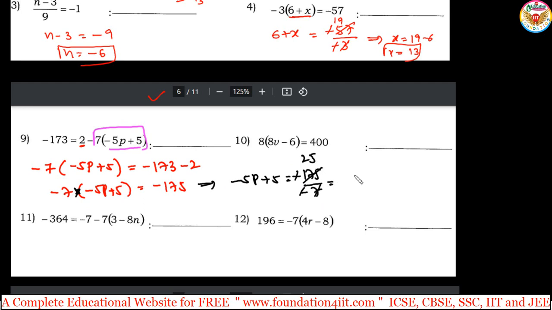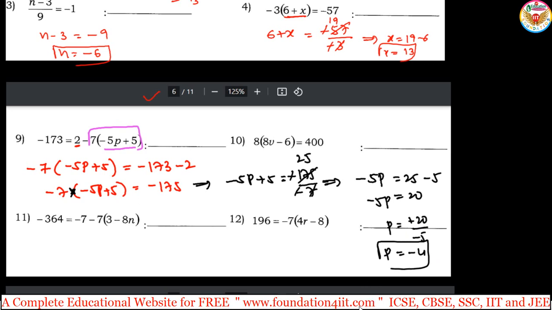So 25. Now again minus 5p is equal to plus 5, take it to the right side: 25 minus 5, that is 20. Within the space I am writing, don't get confused. That is minus 5p, that is minus 5 into p. Then p is equal to 20 divided by minus 5. So minus 4 is the p value.